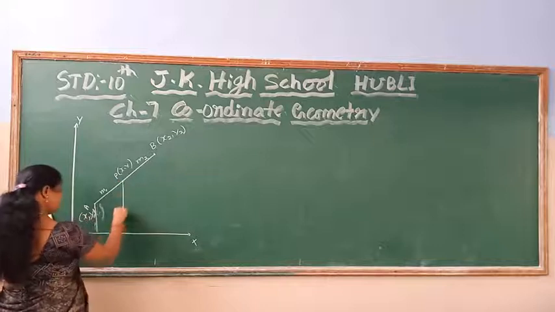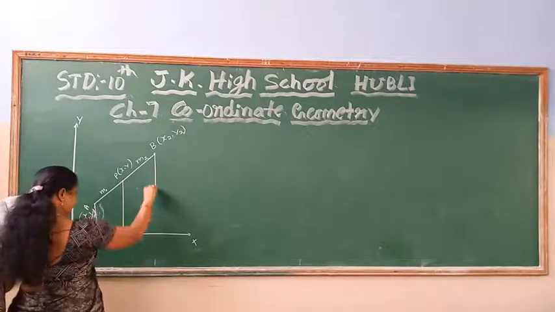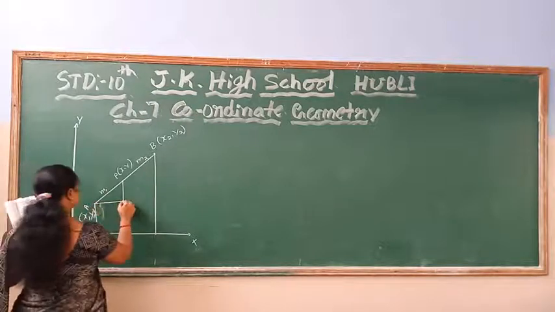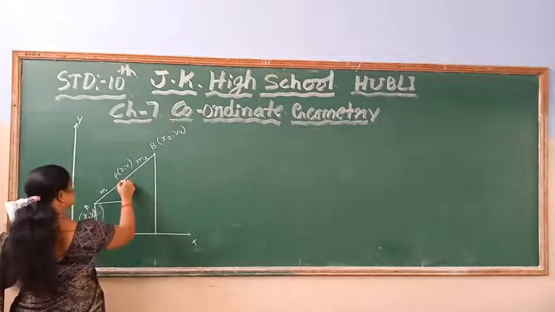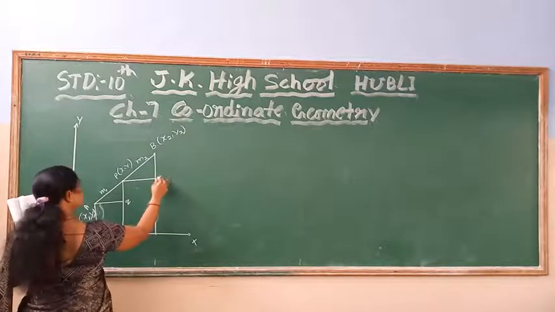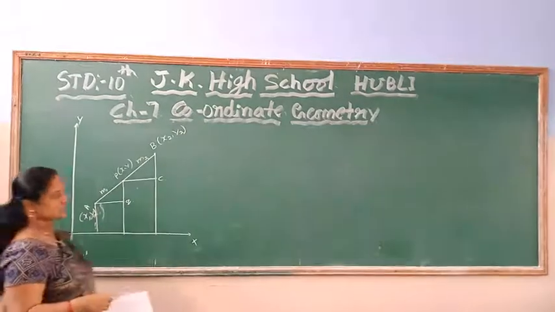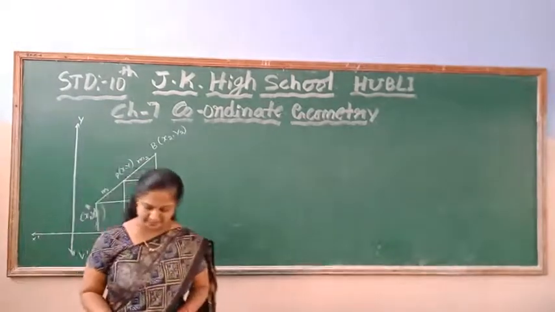So graphically we can write it this way, and to find any point which is dividing the line in a ratio, one formula is there, that is called the section formula.